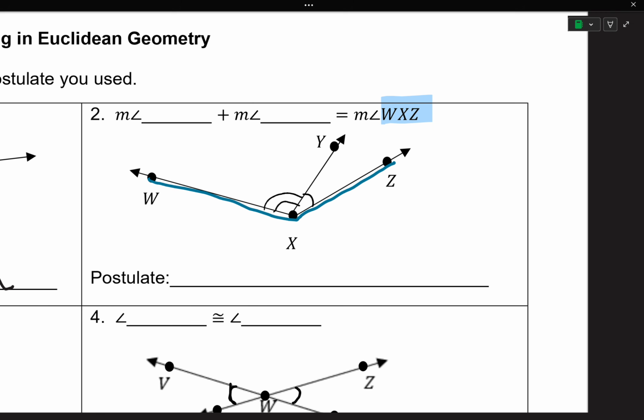The one on the left, let's name it angle WXY. And then the one on the right, let's name it YXZ. The postulate is called angle addition.